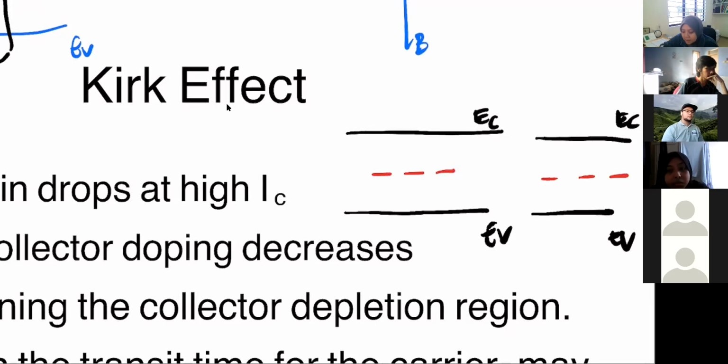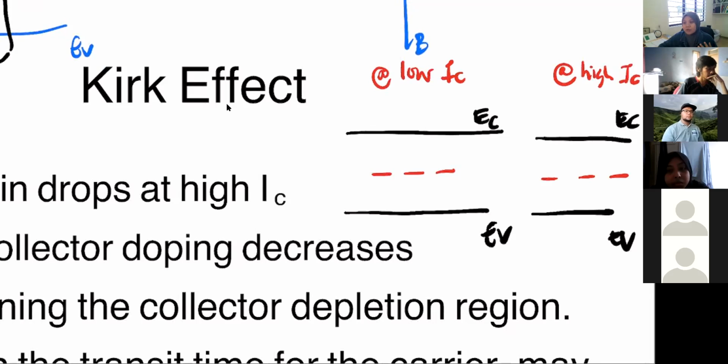Both have 3 traps, but this one is at low IC, and this one is at high IC. High IC means high current.